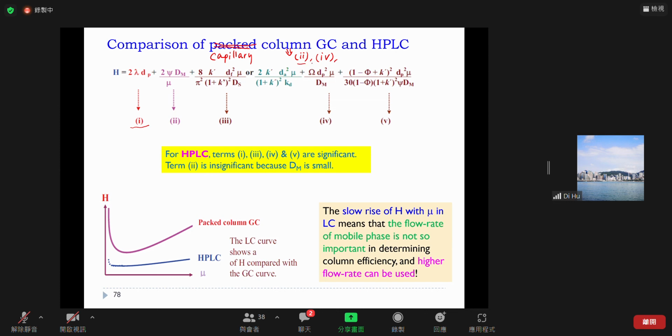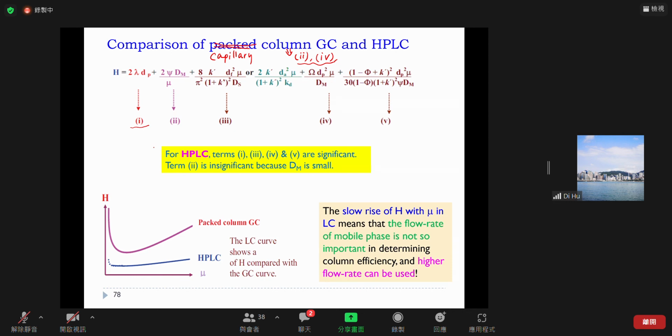The most important should be these two, because capillary columns are narrow bore tubes with the stationary phase coated on the inner wall. That's why there is no term 1, because there is no packing material.